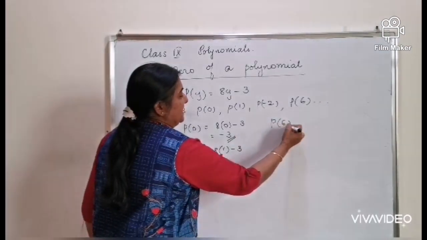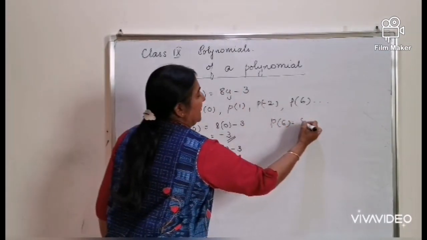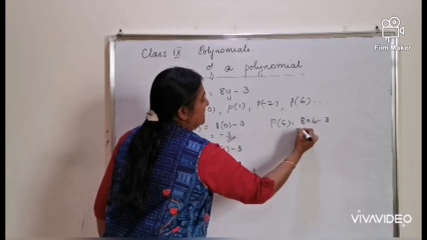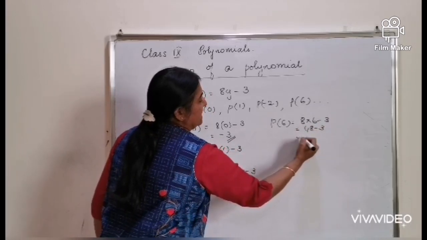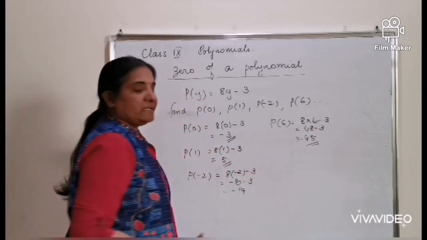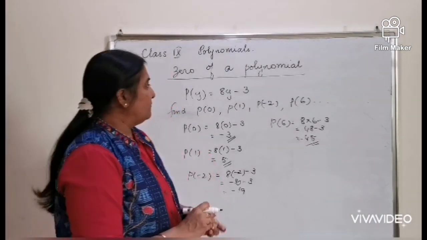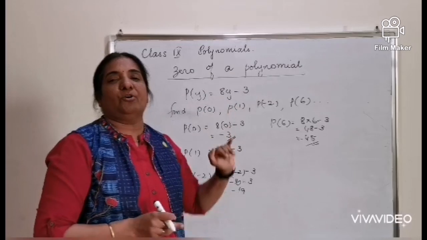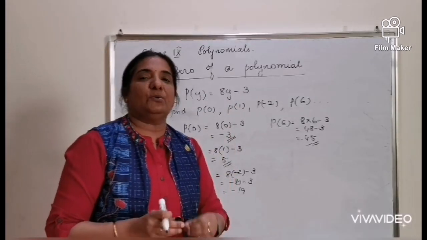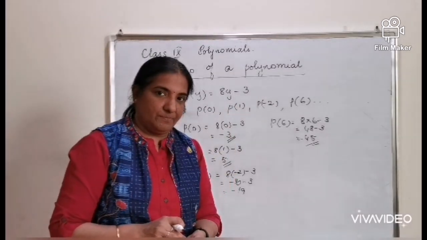P of 6 is equal to 8 into 6 minus 3, 48 minus 3 is 45. This is the first type of question which can be asked. Find the value of the polynomial for particular values of the variable.